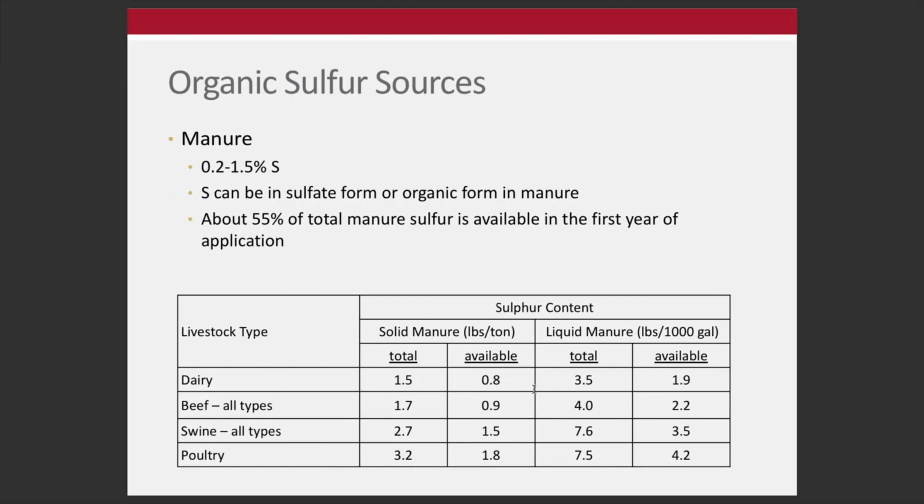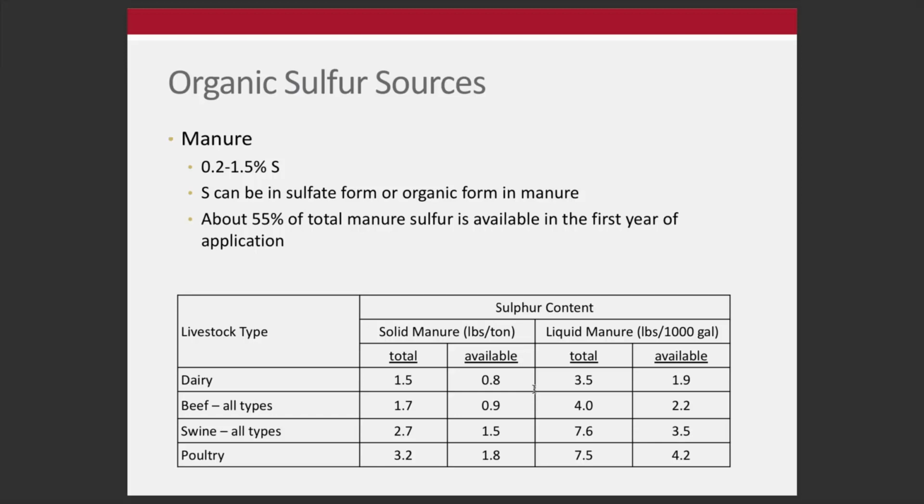So then there's a whole suite of other sulfur sources that are out there, not surprisingly, crop residues, manures, et cetera. We've been around this with N and with phosphorus, and even with potassium, but sulfur concentration varies by the type of livestock that's producing that manure, if that manure is in the liquid or solid phase, and how much total is in that manure versus how much is going to be available that first year.